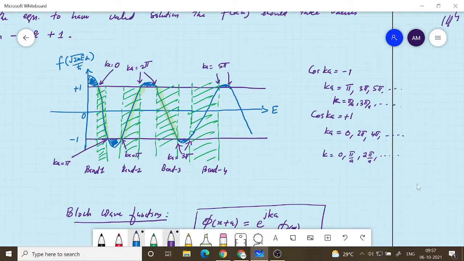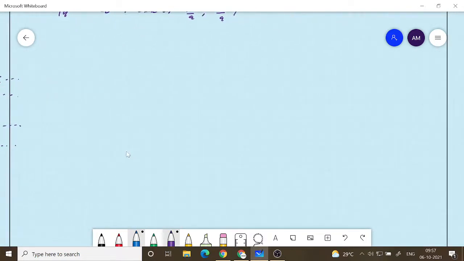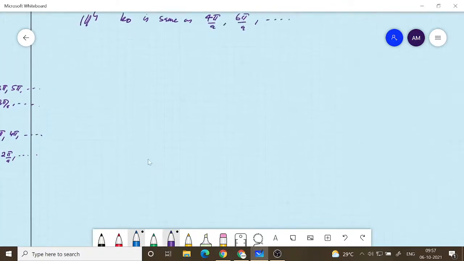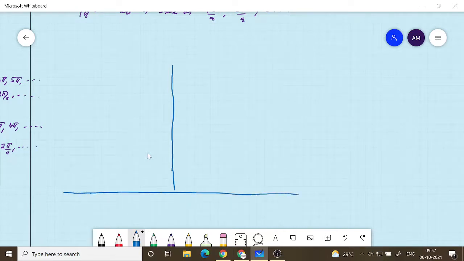So these are the things that we need to keep in mind, that although k varies, there are two different ways of plotting. One is without taking into account the periodicity, so that is how we will plot first, and the other is taking into account the periodicity.